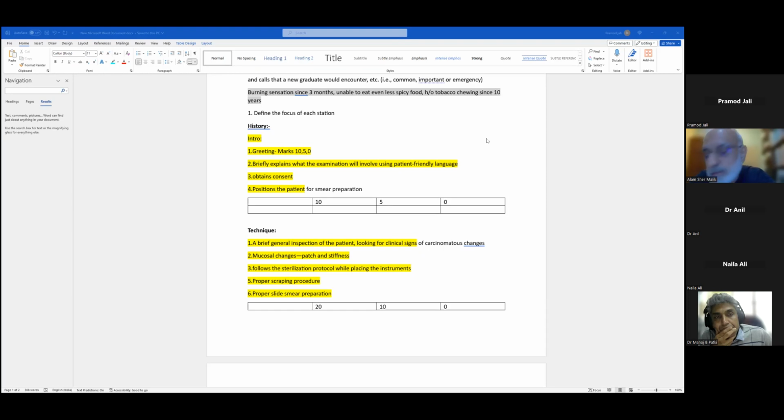How would you approach that? Obviously that would be the consent, then the technique, and then how to dispose of the specimen, etc.